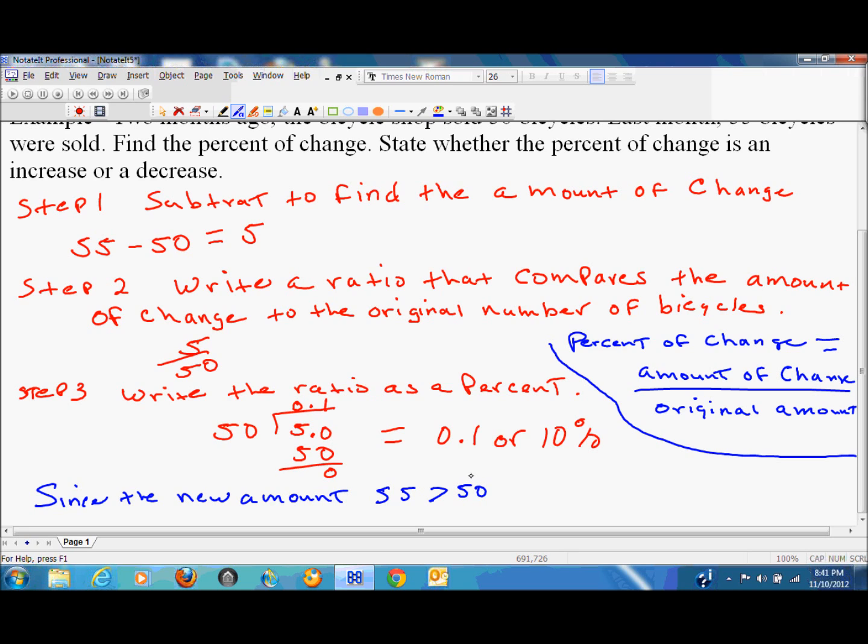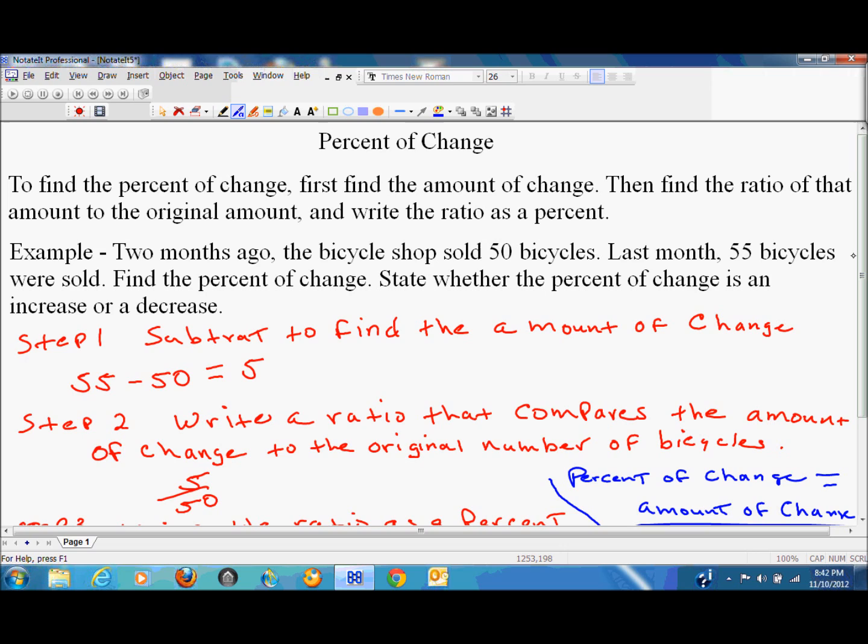This is the original amount. We have a percent of increase. All right. So let's go and work some problems.